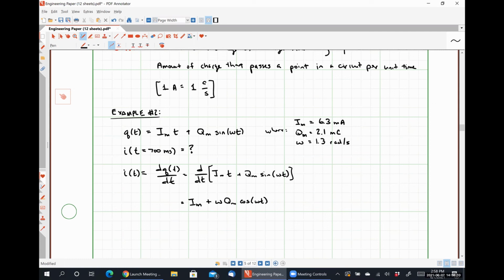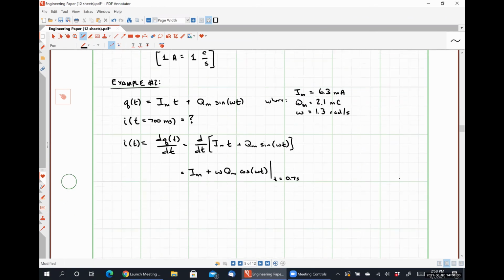Right, we've got to use the chain rule there because there's something multiplied by t inside of the sine function. Using the chain rule tells us that we should have omega pop out. Then we would evaluate this at exactly t equal to 700 milliseconds, which I'm going to call 0.7 seconds for reasons that'll be obvious in a second.